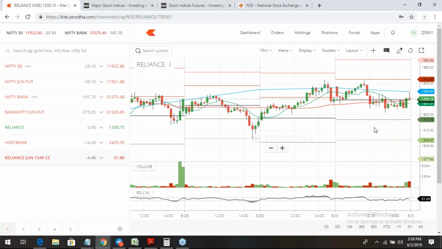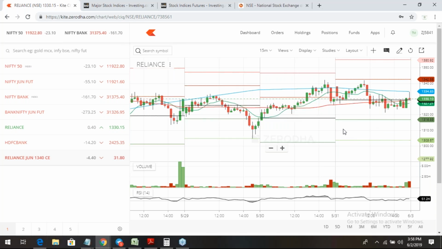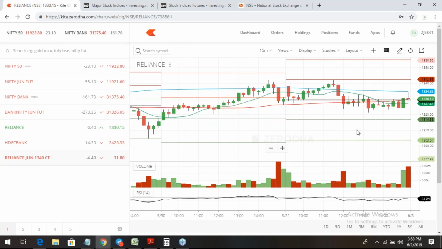Sometimes it happens. I'm saying this about the index, but on stocks it can happen anytime. Even if your entry is perfect for the buy side or sell side, you still get your stop loss. But basically, don't waste your money, don't waste your time, and don't be emotional.